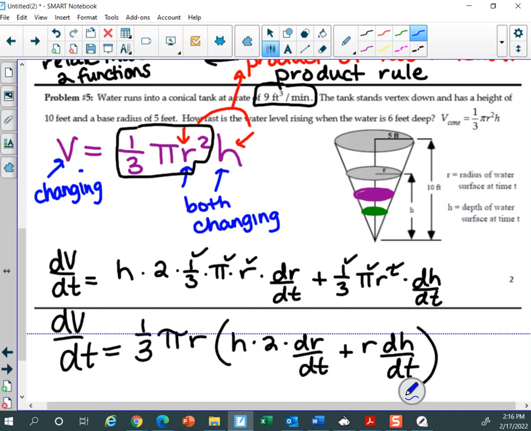Where would that 9 go, if I wanted to start plugging numbers in here? 9 cubic feet per minute, what is that? It's not the volume, because it's 9 cubic feet per minute. It's the change of the volume. Yeah, it's dV dt. So that'll be a 9.